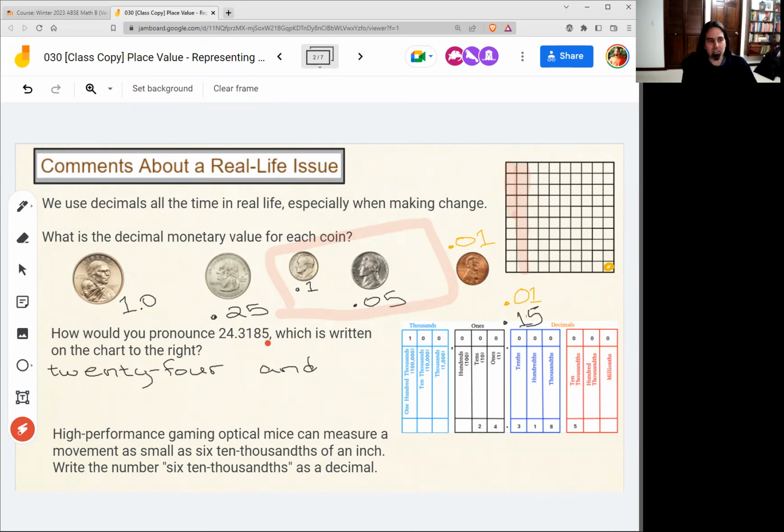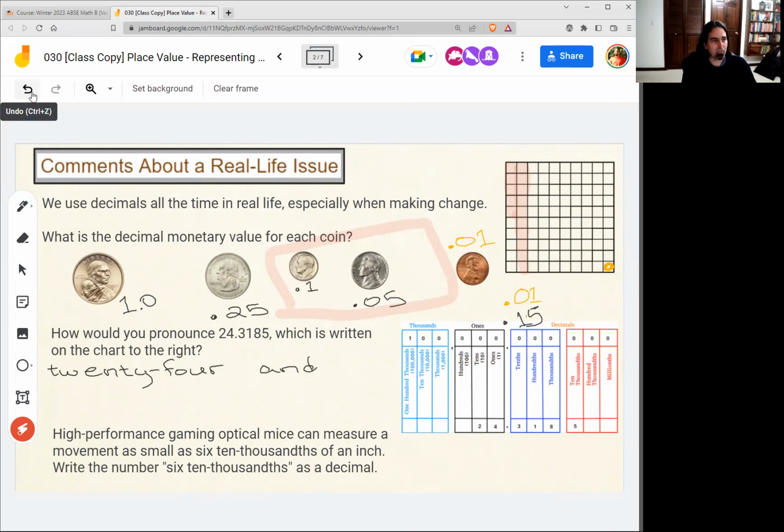The formal way to say this would be 24 and then I have to take the decimal part and pretend it's a whole number. But when I say it, it's not going to end in tens and hundreds, but tenths and hundredths.